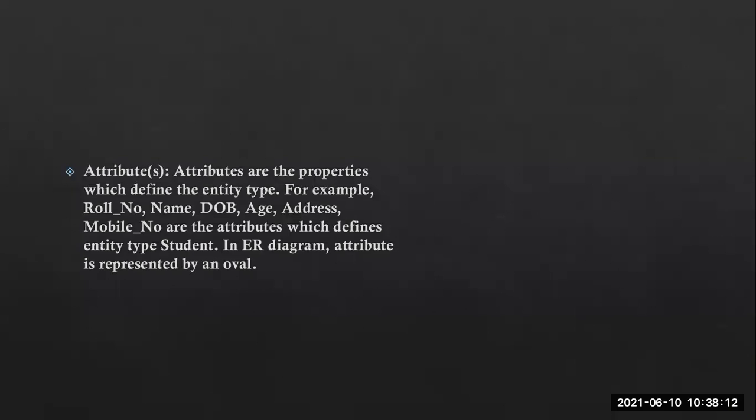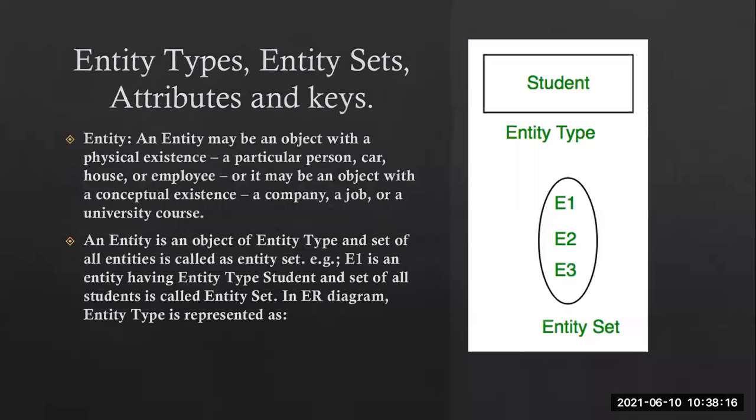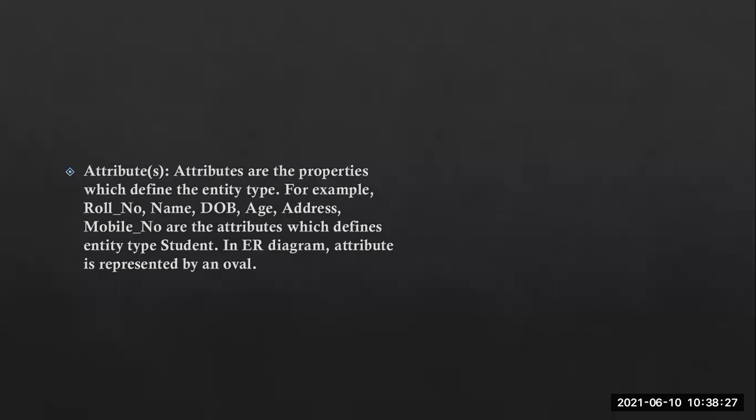Entity set is different and attribute is different. Please guys, don't get confused between this E1, E2, E3. These are not attributes. Okay, these are entity sets. E1 एक पूरा record है और attributes क्या है? Those are the properties of the table. जो भी table आप construct किया है, column में जो भी आपका table में जो भी names are there, column name, those are called as the attributes here.